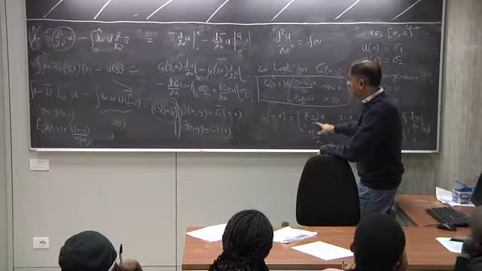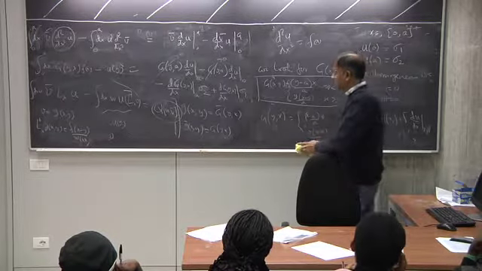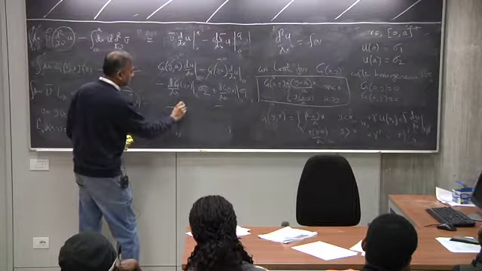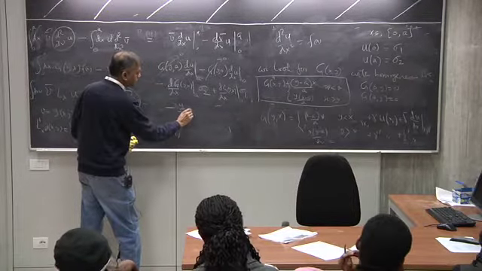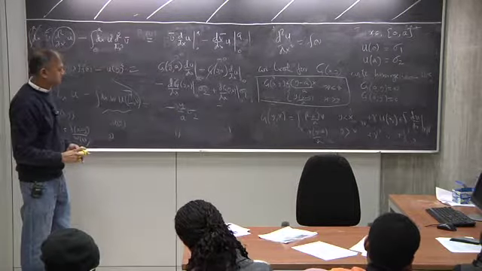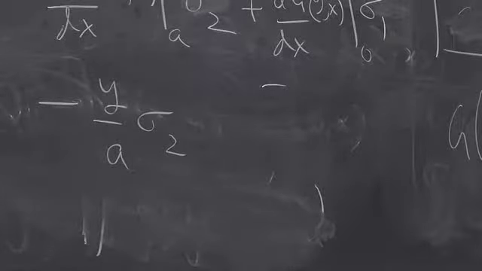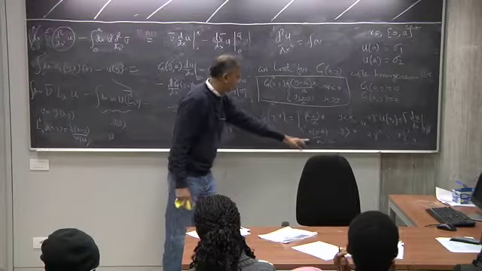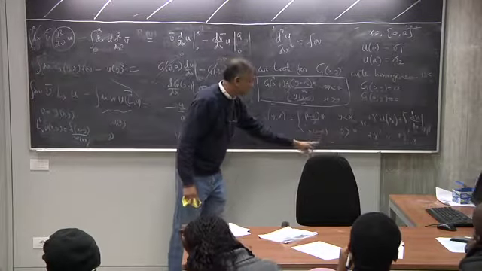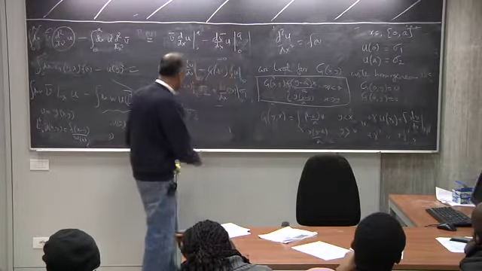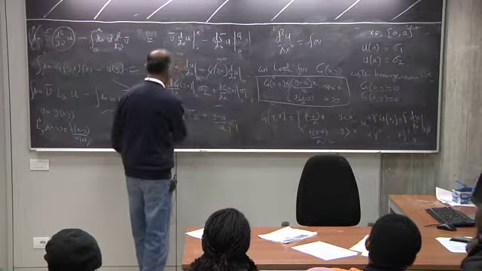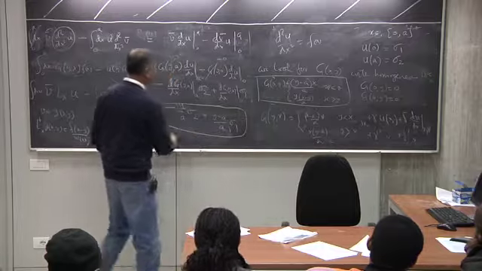So the first expression is simply y over a times sigma 2, plus x. And for this one, I have to use this expression, and I take the derivative with respect to x. So it's simply y minus a divided by a. So that's plus y minus a divided by a times sigma 1. So this is the answer.